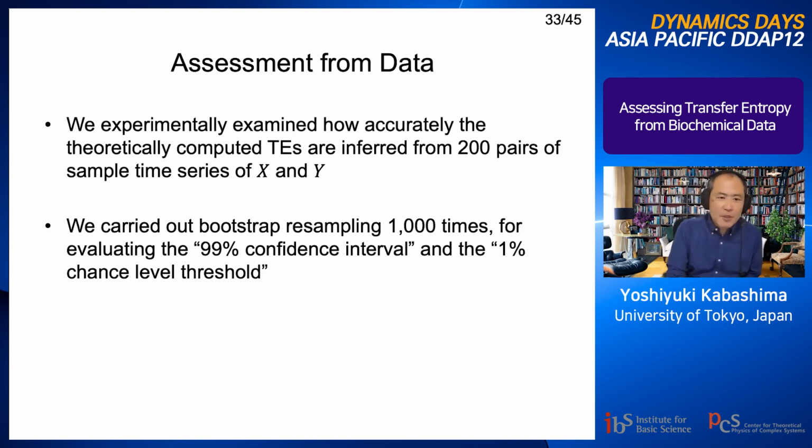So we experimentally examined how accurately the theoretically computed transfer entropies are inferred from 200 pairs of sample time series of x and y. For this purpose, we carried out bootstrap resampling 1,000 times for evaluating the 99% confidence interval and the 1% chance level threshold.